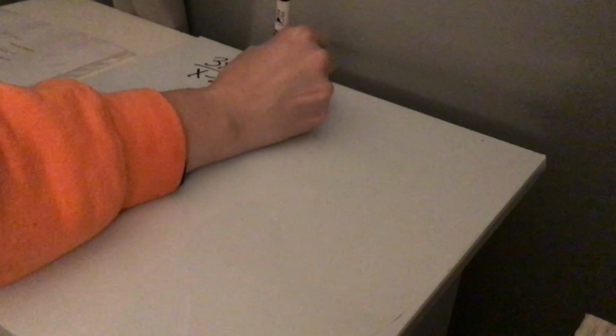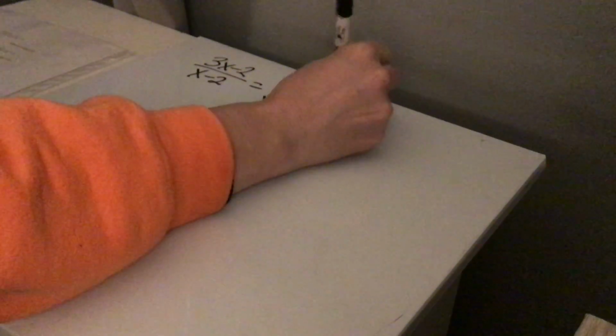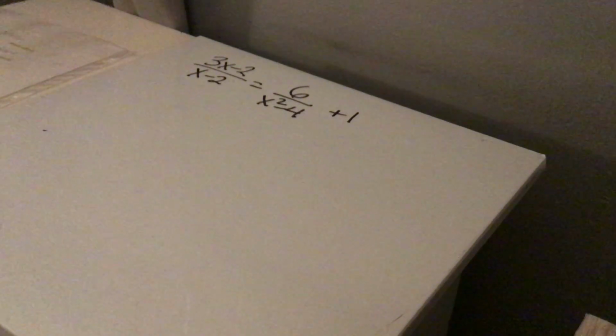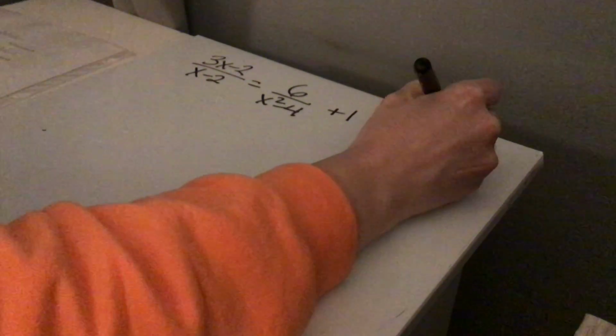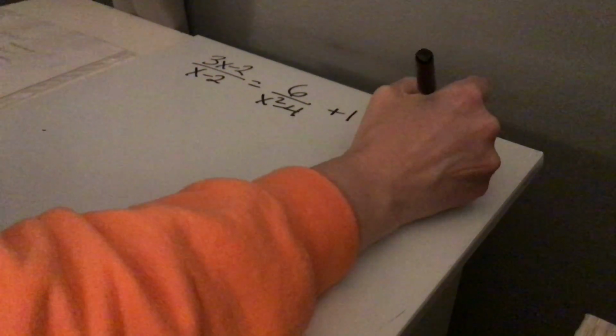All right, a couple more. So let's do 3x minus 2 over x minus 2 equals 6 over x squared minus 4 plus 1. We want to find the least common denominator. So our denominators are x minus 2.